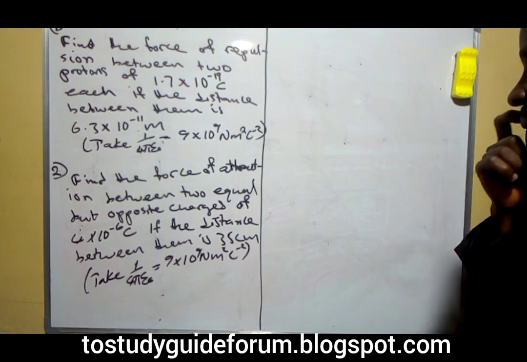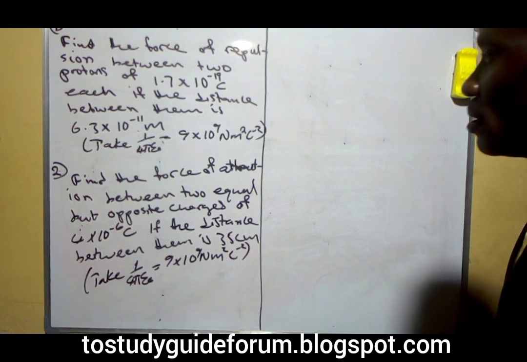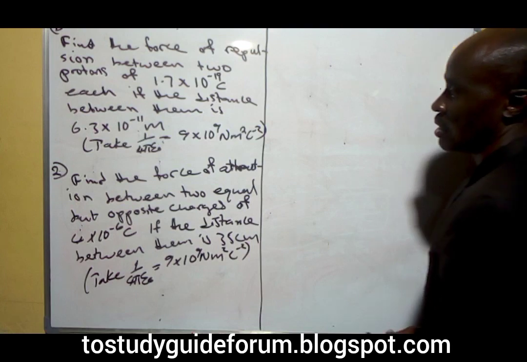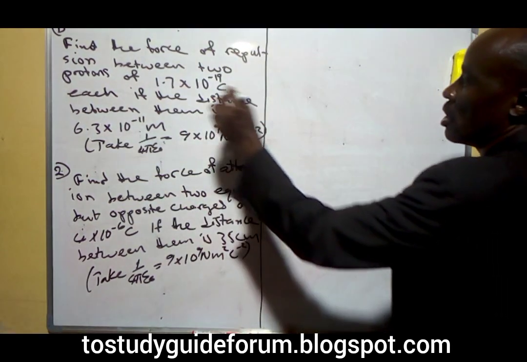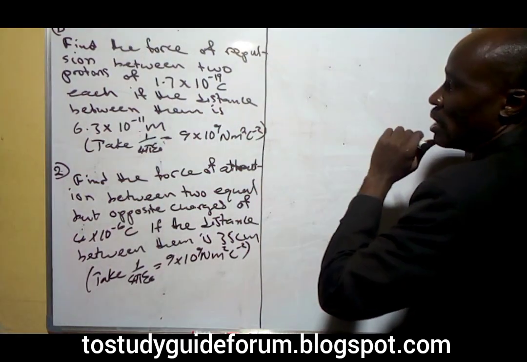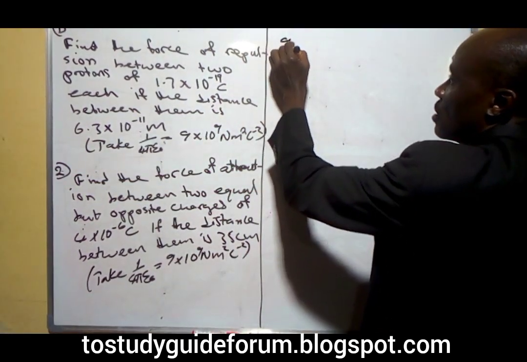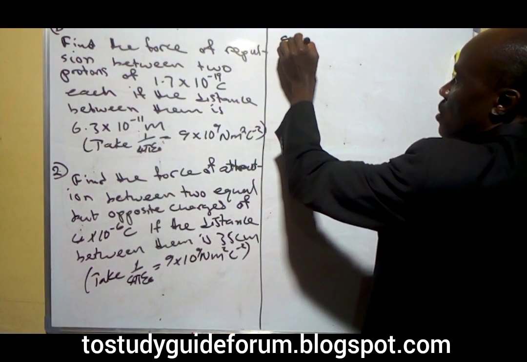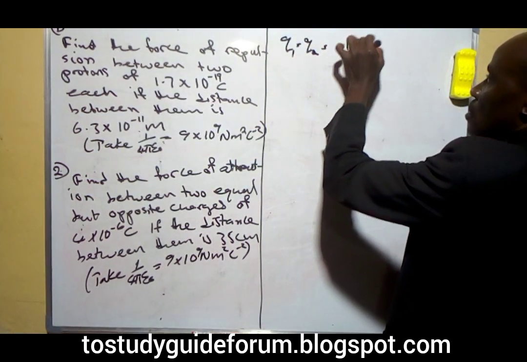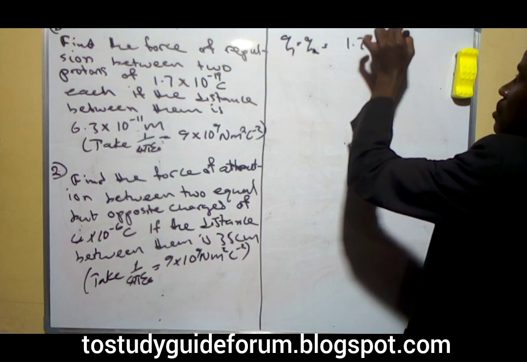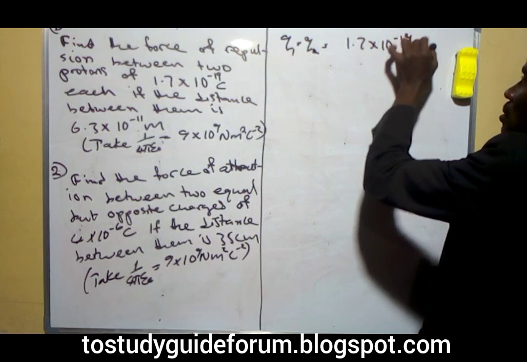So we have our permittivity. The constant we have there is given to us. Since the two protons have equal charges, Q1 is equal to Q2, which will give us 1.7 times 10 raised to the power minus 19 coulomb.